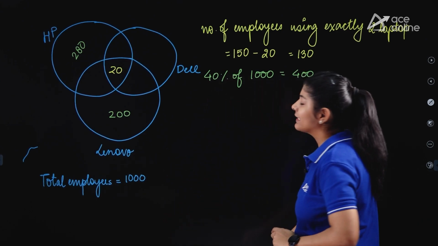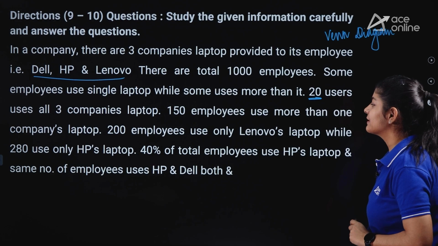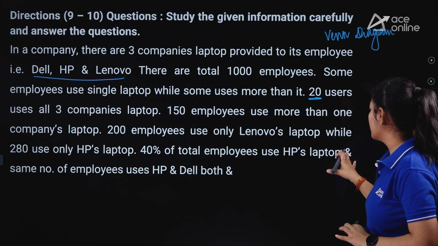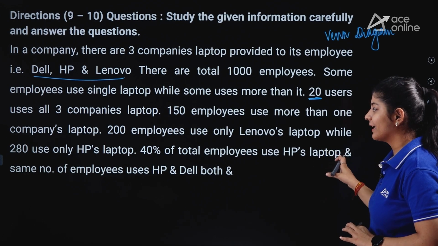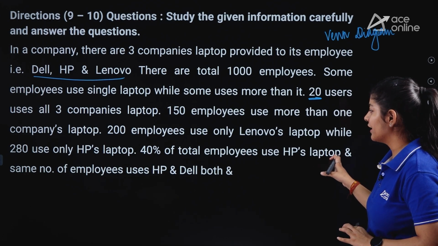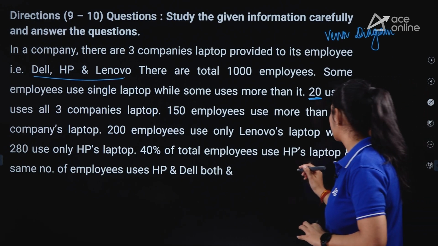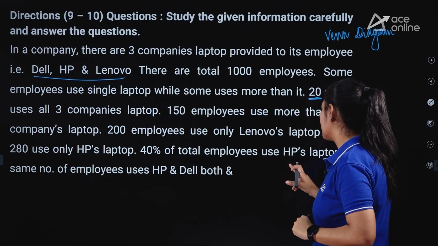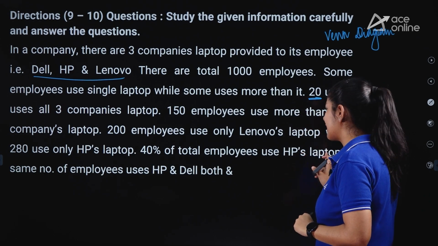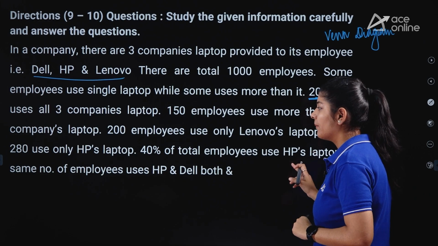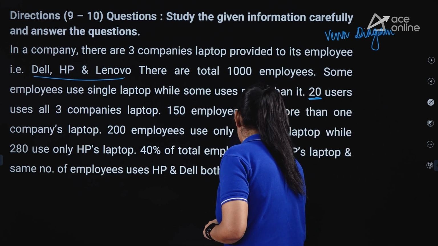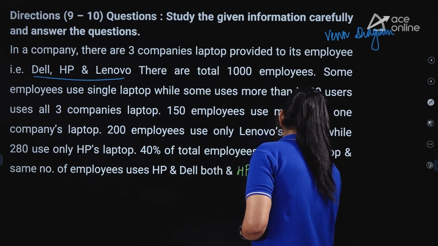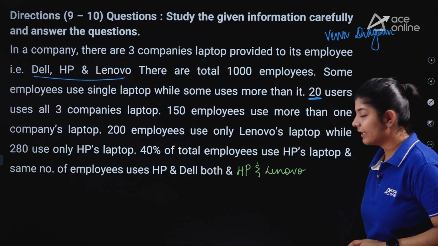So basically we can say that this 400 is equal to the employees which are using HP laptops. Here we are having HP and Lenovo, right?